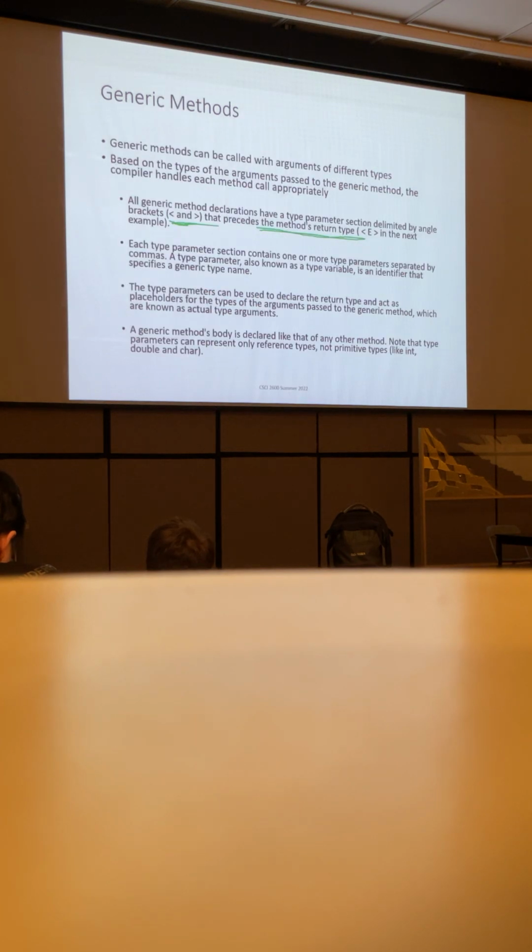Each type parameter section contains one or more type parameters. We only have one in this case, but it can be more than one. If we wanted to, we could have added a comma here before the closing angle bracket and said U and V, and each of U and V could be bounded, of course. So a generic method can have multiple type parameters.